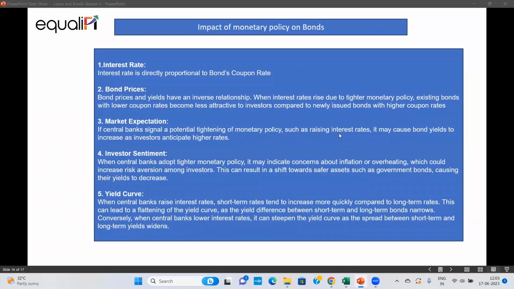So over the last 1 year, what we have seen is that the repo rate has been increased so quickly by 250 basis points or 2.5%, from 4% to 6.5%, which we are now. So since short-term rates tend to have a spread over the repo rate, they tend to actually move in line with the repo rate.